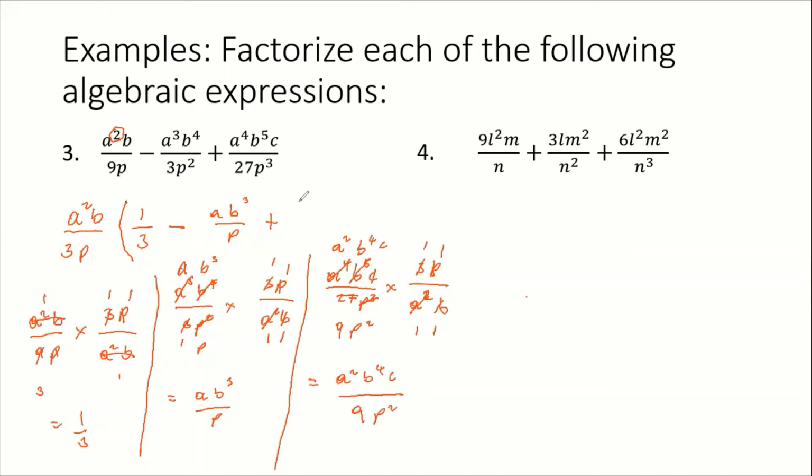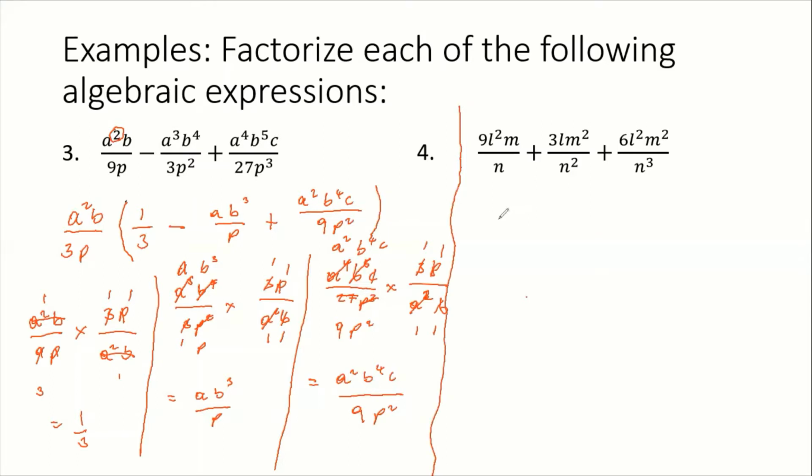So write it here as a squared b to the fourth c all over 9 p squared. I will close our bracket, and that's how we factorize this term here. So now we're going to move to our last example here.